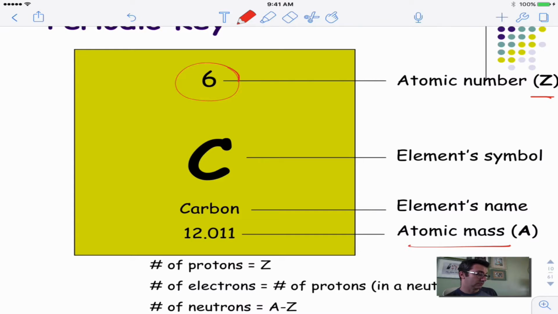You should know that the atomic number is the number of protons. And you should know that the number of electrons is equal to the number of protons in an atom, but if we have an ion, it's obviously not going to be the case. And then you can find the neutrons by subtracting the atomic number from the mass number.